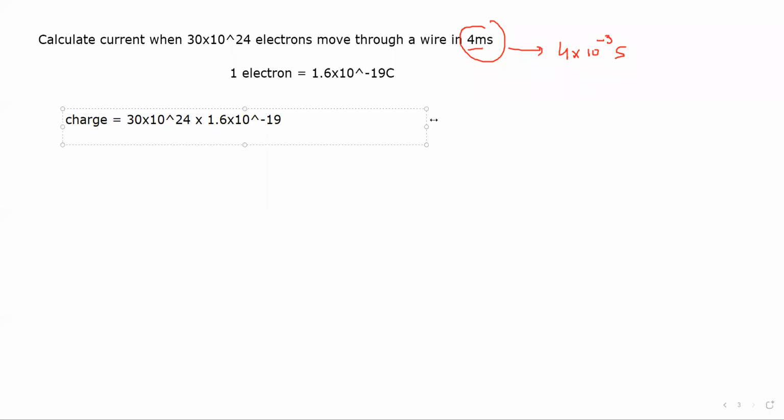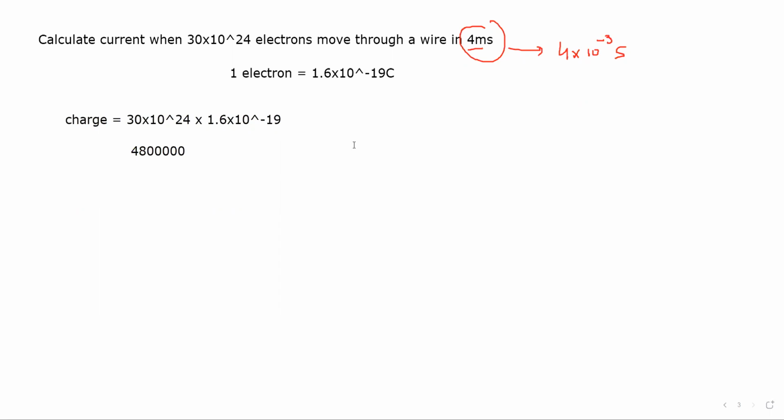When you multiply 30 into 10 power 24 with 1.6, this is the answer for the charge.